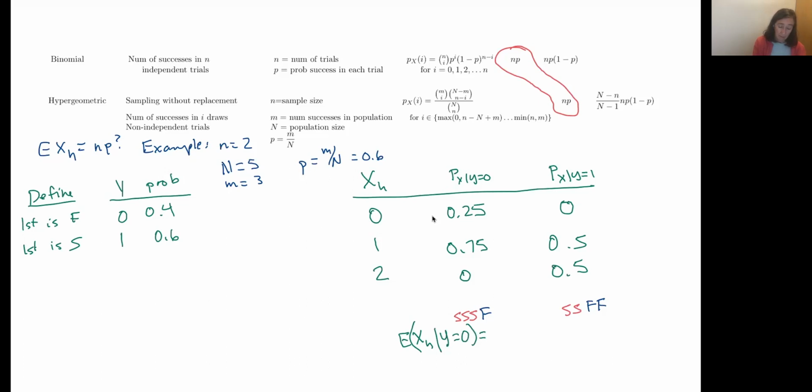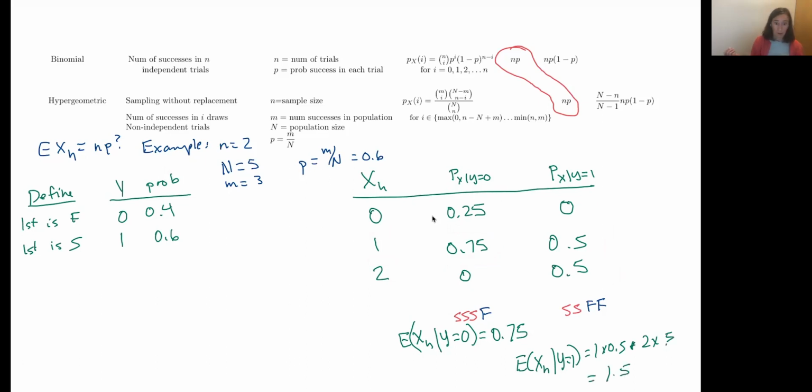And because I'm conditioning on y equals 0, that's why I'm using these probabilities. So 0 times 0.25 plus 1 times 0.75 gives me 0.75. Okay, and then over here, the expected value of X conditional on y equals 1 using these probabilities is 1 times 0.5 plus 2 times 0.5, which is 1.5.